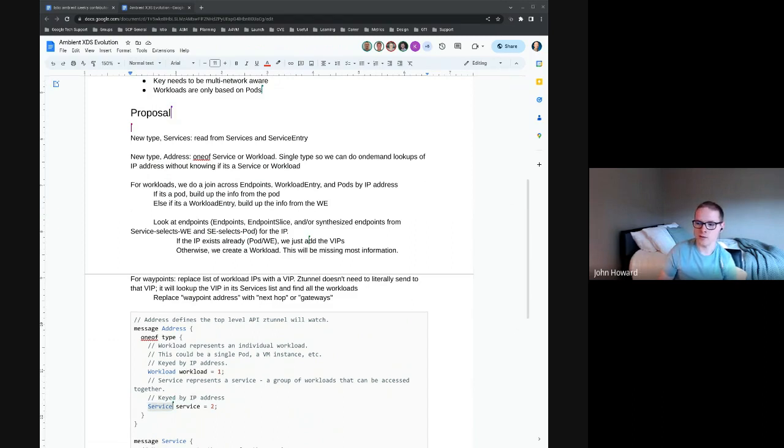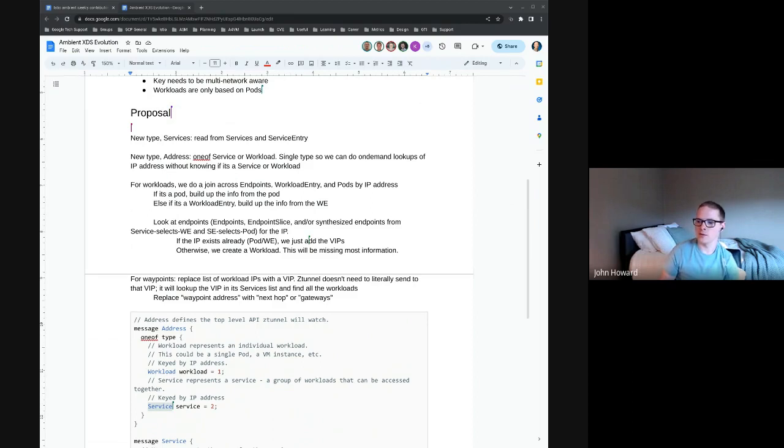So if we have a pod or workload entry by that IP address, we'd obviously take that information and populate all the fields of workload. That's the name, namespace, trust domain, all the good stuff. That's what we already do, except workload entry would be new, of course.